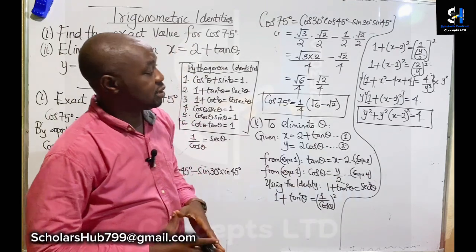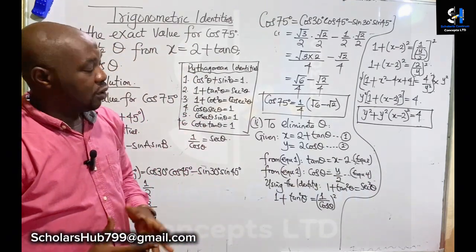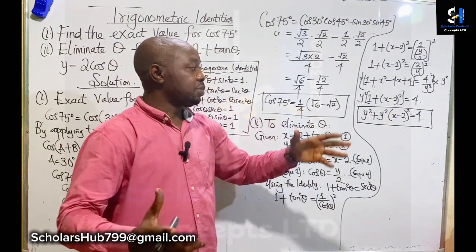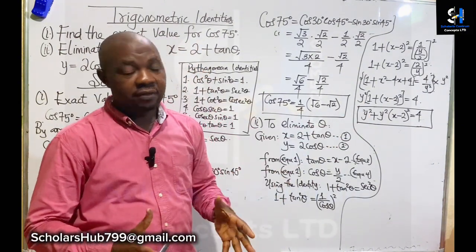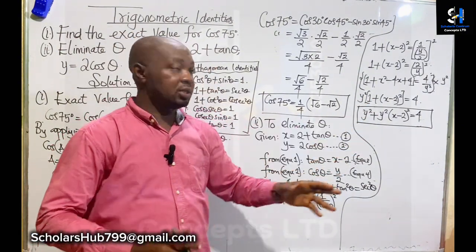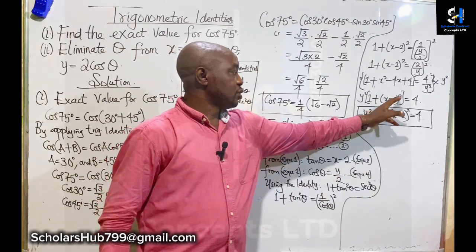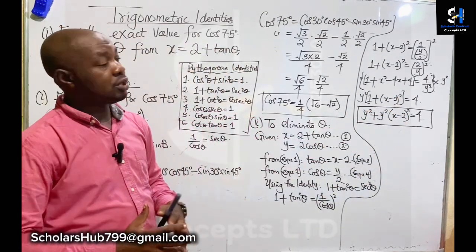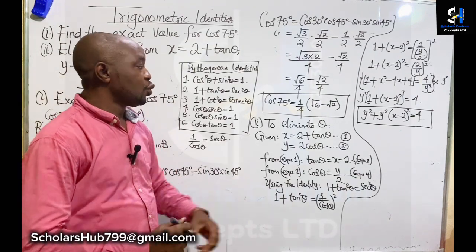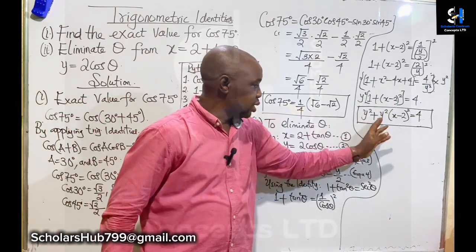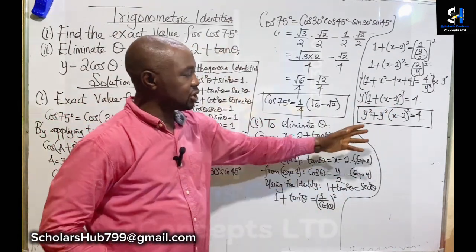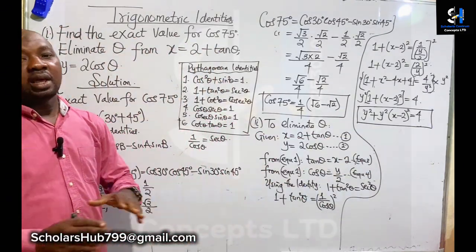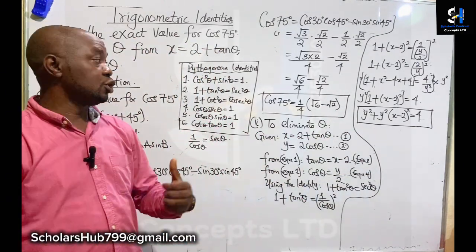When y squared is gotten rid of on the right hand side, it comes to the left hand side and multiplies everything on the left hand side. What we have on the left hand side is 1 plus the square of x minus 2, and on the right hand side we're only going to have 4. So we can then expand, so that the equation can be in this form. And this shows that theta has been eliminated from the two equations.